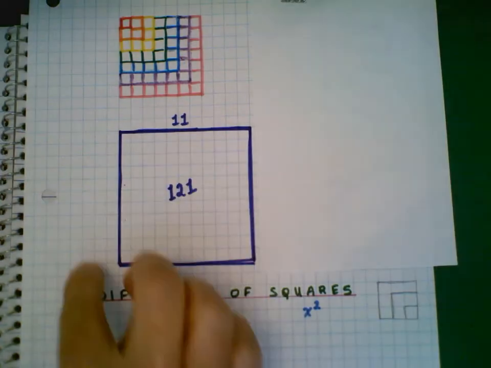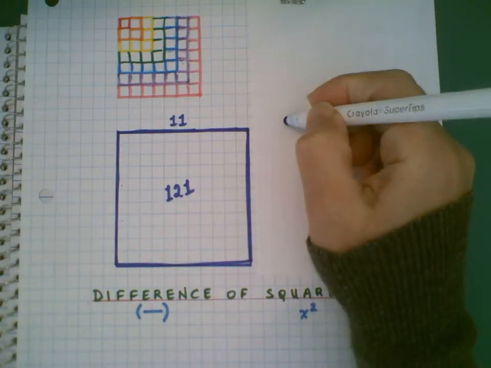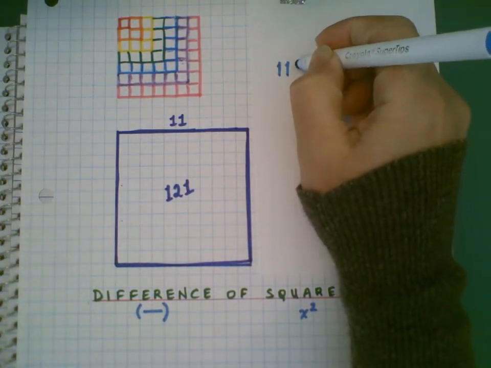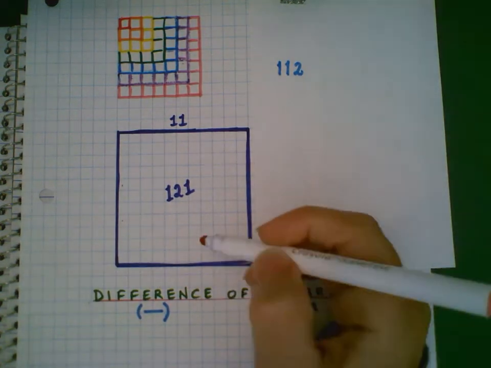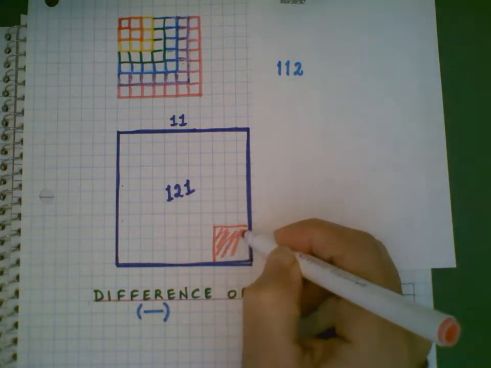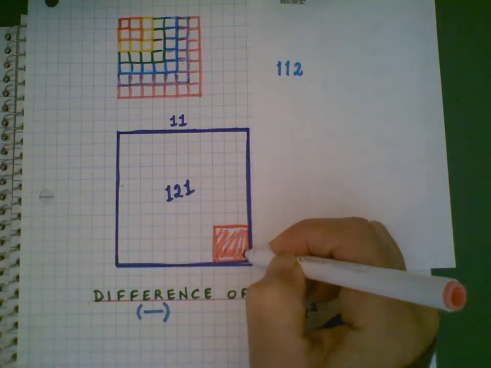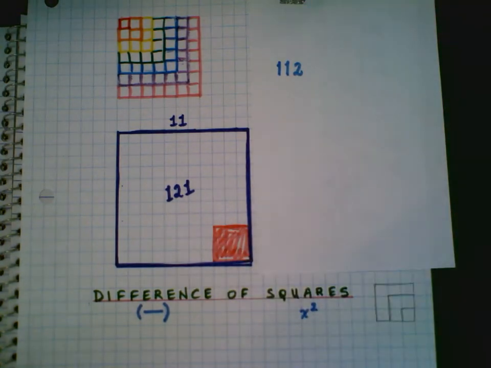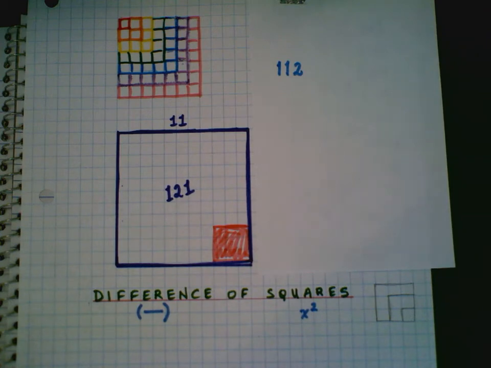So a difference of squares that I can create out of this 121 is a value of 112, for example. Starting with my 11 by 11, if I were to remove from that 11 by 11 square a little 9 square unit shape, so that's 3 by 3, the resulting space that is left is going to be 112.